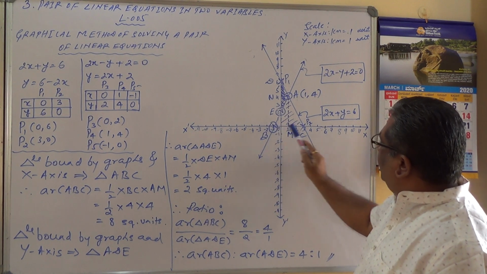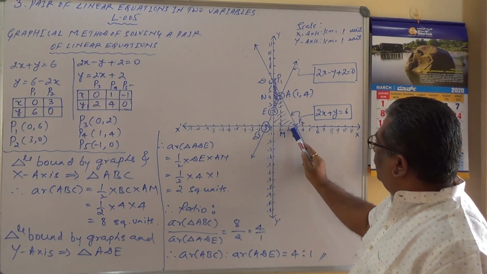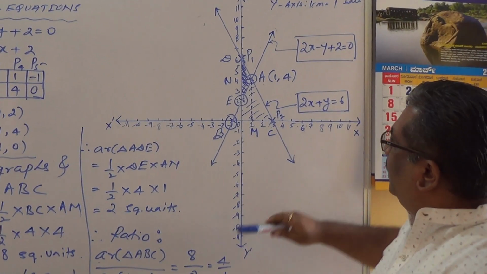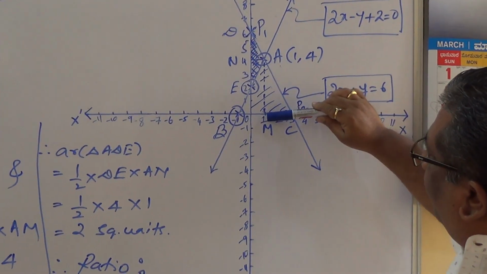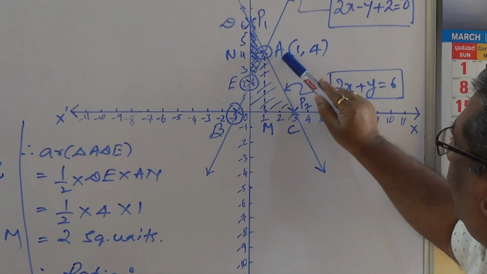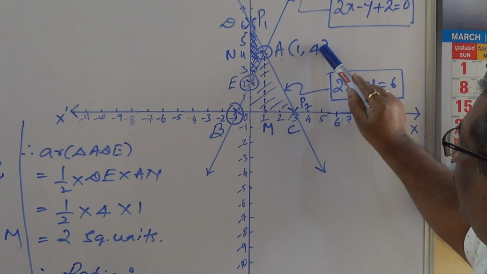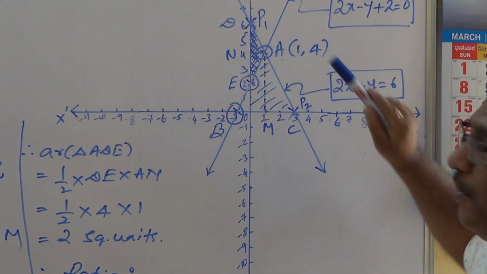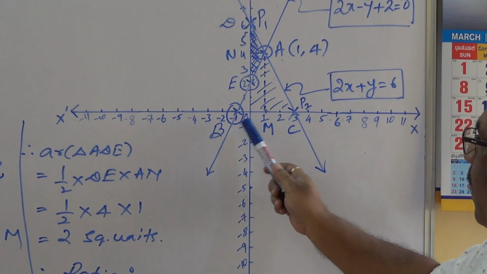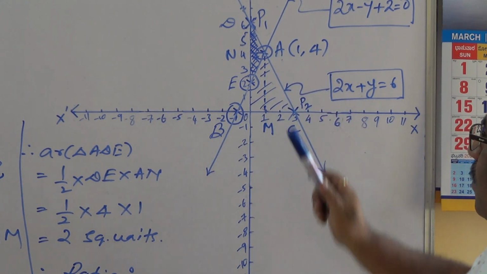And hence BC equals 1, 2, 3 plus from here to here 1 unit, 4 units. BC equals 4 units. Altitude AM is the altitude here. For this AM, what are the coordinates of A? 1, 4. Means from here to here it is 4 units. So you have base 3 plus 1, 4 units and altitude 4 units.